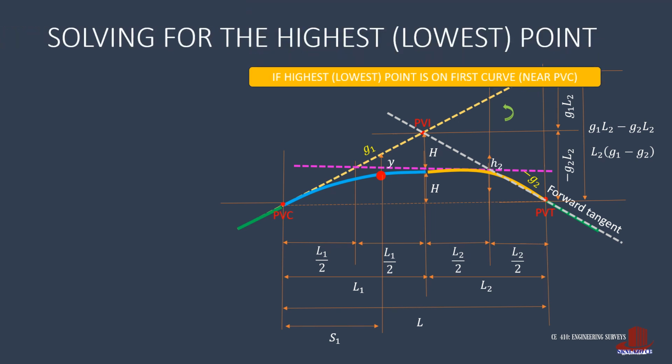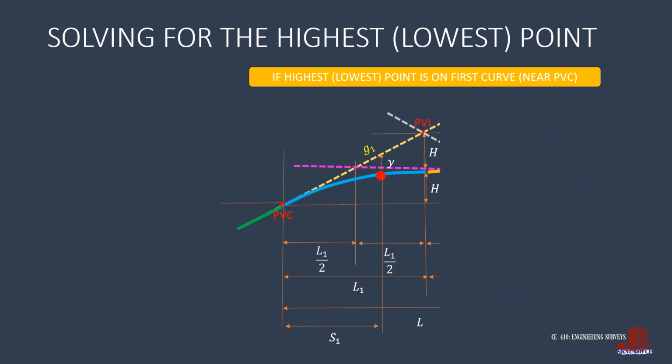Next is to derive the function for the highest or the lowest point in the curve. Since unsymmetrical parabolic curves are like compound curves, we consider just one and treat it as a symmetrical curve. The common tangent of the curve is now labeled as G3, so all elements are clear. Now recall the derived function for computing the location of the highest point.